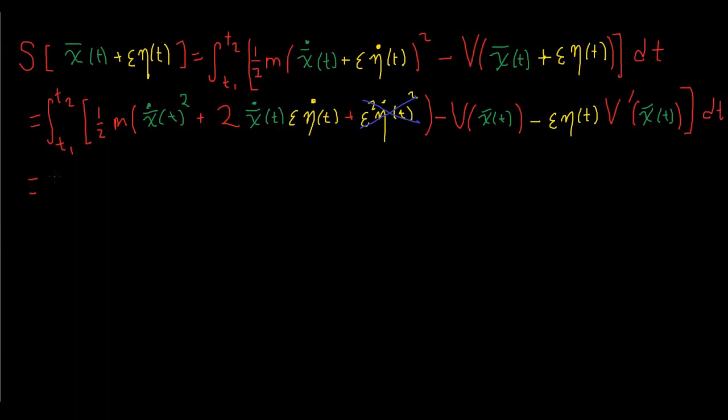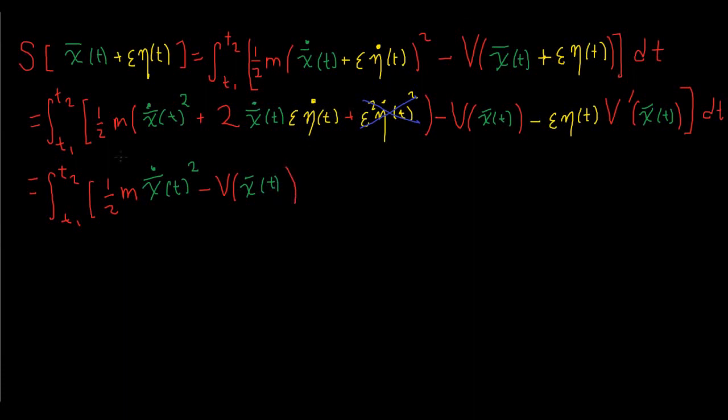So this is all equal to the integral from t1 to t2 of 1/2 m x bar of t dot squared minus v of x bar of t.